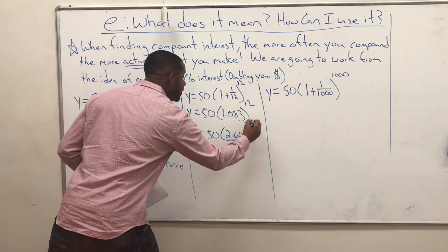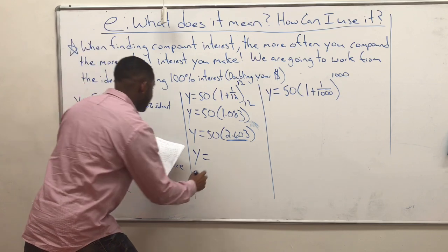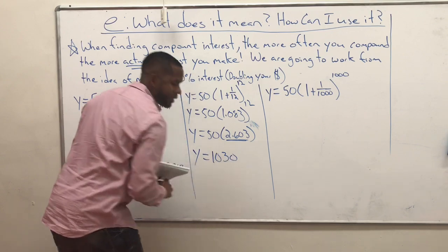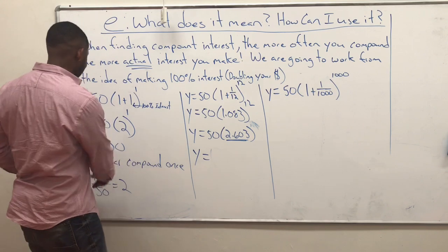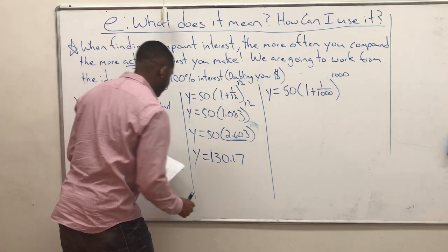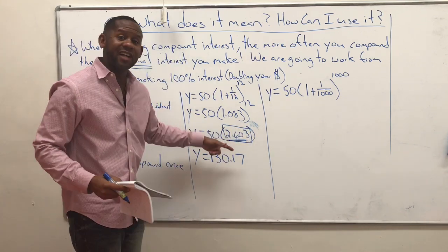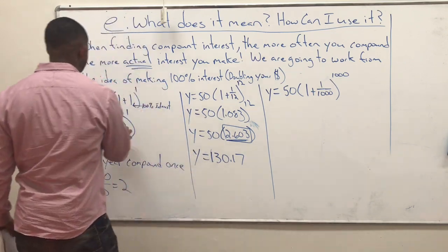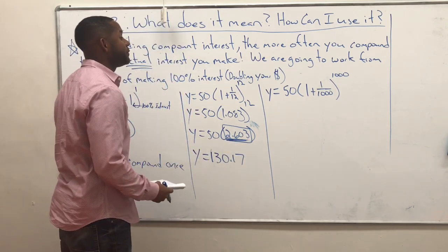So at the end of one year, I now have about $130, not 103, excuse me. Instead of just having $100, I have $130.17, right? Because the more I compounded it, I actually made more money because of that, all right? So this is now bigger. First it was multiplied by 2, now my money is being multiplied by 2.603.